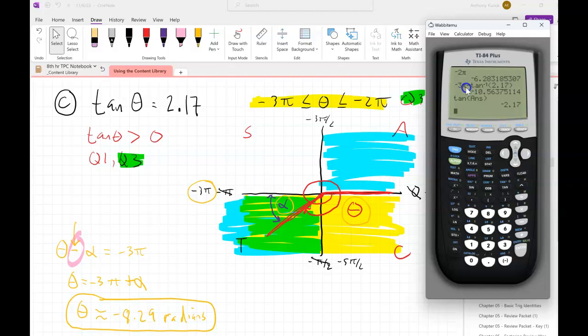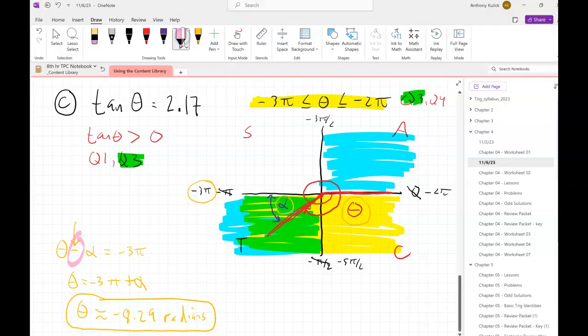The key, again, to be able to do this is being able to draw the picture, right? What do we need the picture for? We need it to get that equation. How do we find theta? The picture tells us how to write that equation, right? That's the key.